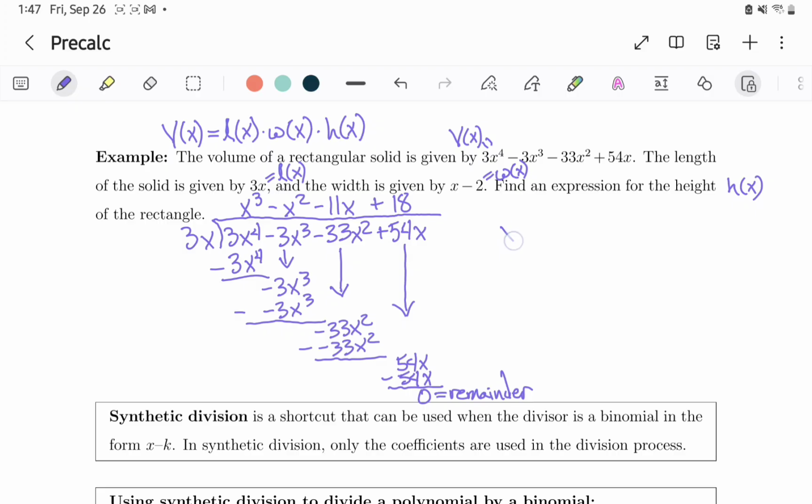So let's go. Now our divisor is going to be x minus 2. It's our expression for w of x. And then we are trying to use x cubed minus x squared minus 11x plus 18 for our dividend. Okay.